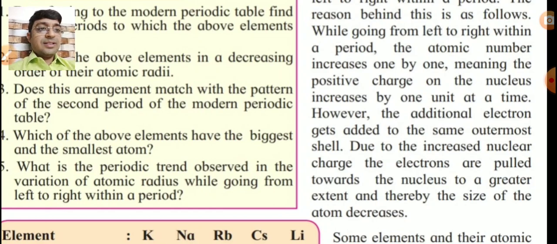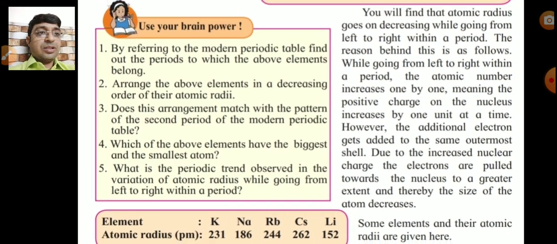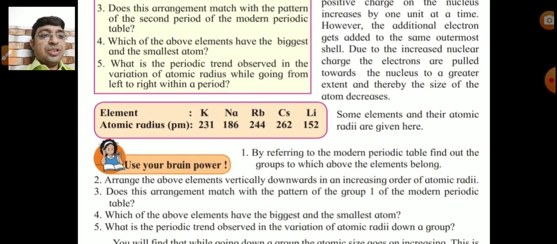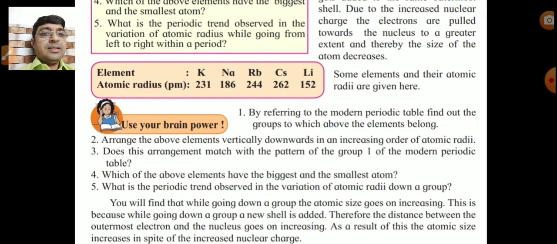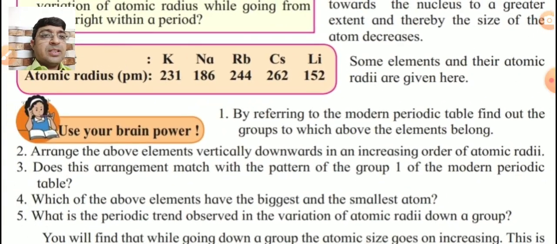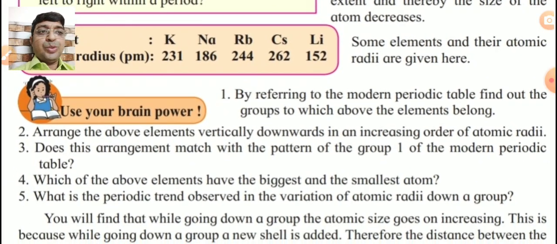So this is a give reason question given in our exercise also. You check that question, the answer is given in this paragraph. A similar type of question is given here. See next. Next elements are given: potassium, sodium, rubidium, cesium, lithium.